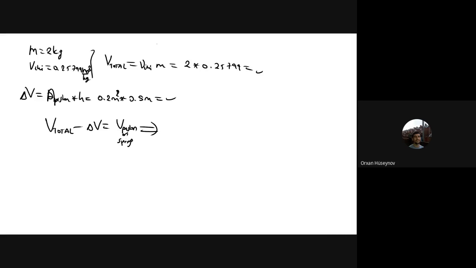From the volume when the piston is on the spring, and since the mass is constant, you can find the specific volume by dividing this volume by the mass.